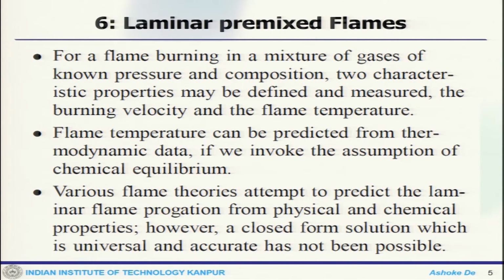Now, when the flame is burning in a mixture of gases, then at a given pressure and composition, two characteristic properties can be defined and measured. One is the burning velocity or flame speed or laminar flame speed, second is the flame temperature. Now, when there is a reaction going on, obviously we will have a temperature, because these are mostly exothermic reactions, and in any exothermic reaction there will be heat release.